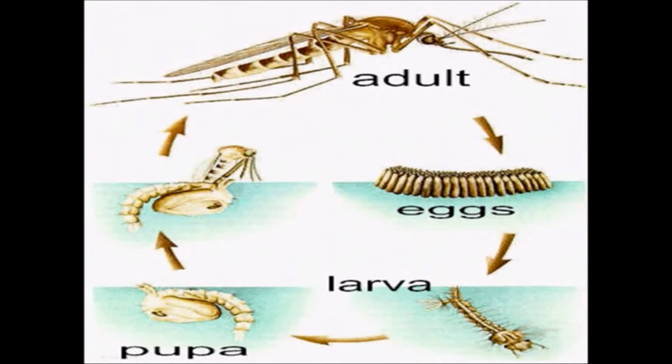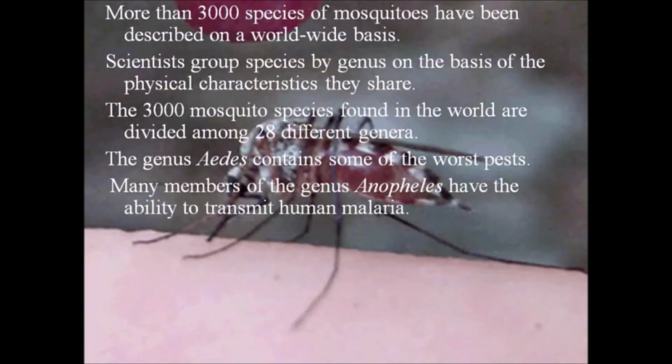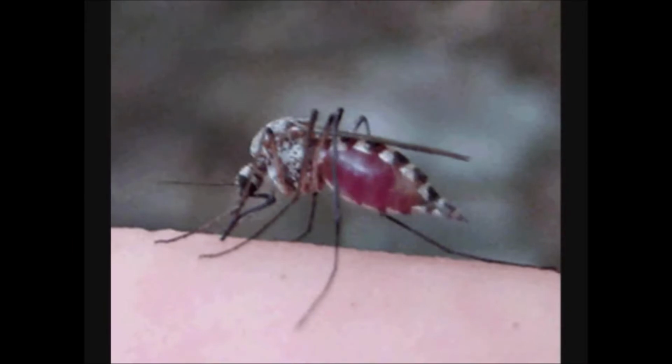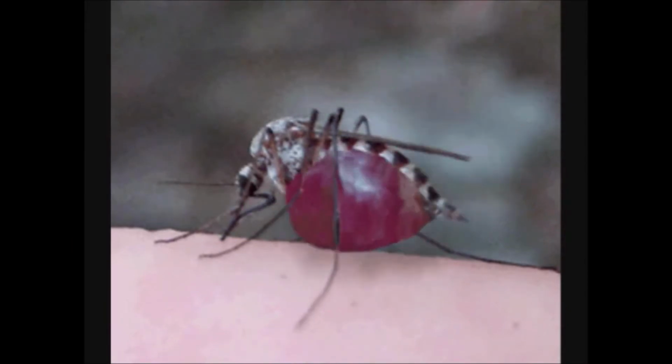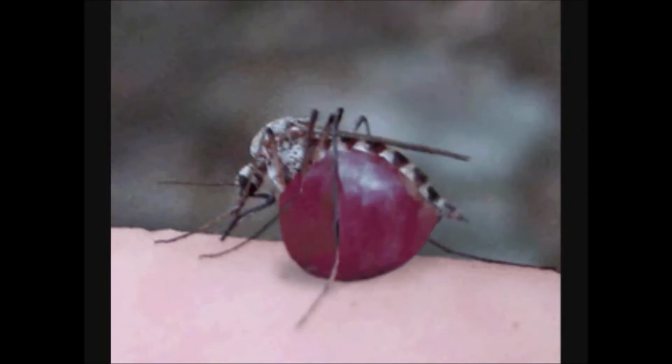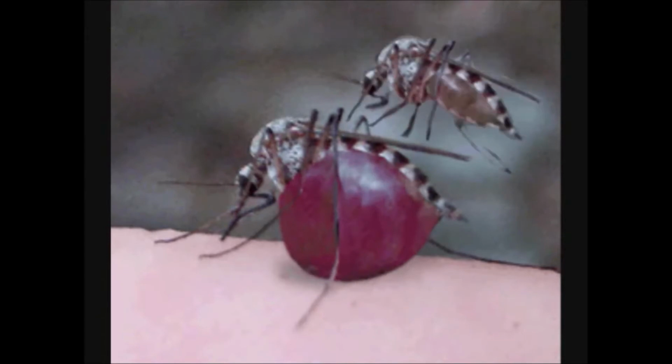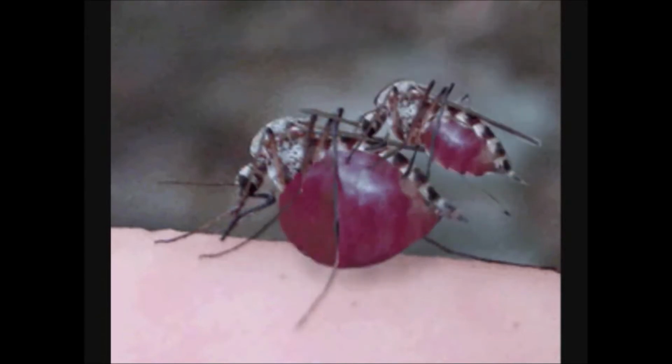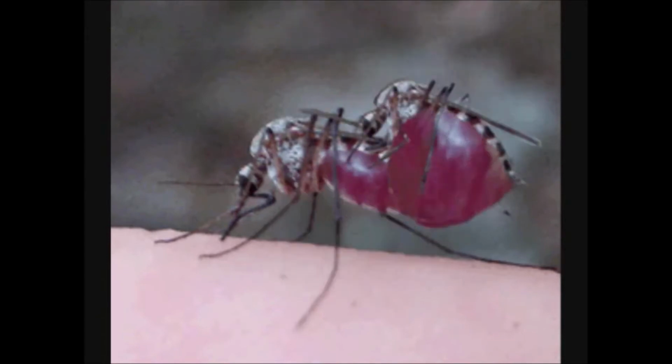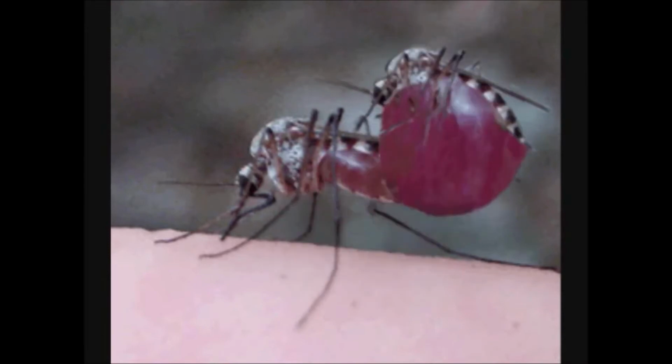adult mosquito. More than 3,000 species of mosquitoes have been described on a worldwide basis. Scientists group species by genus on the basis of physical characteristics they share. The 3,000 mosquito species found in the world are divided among 28 different genera.